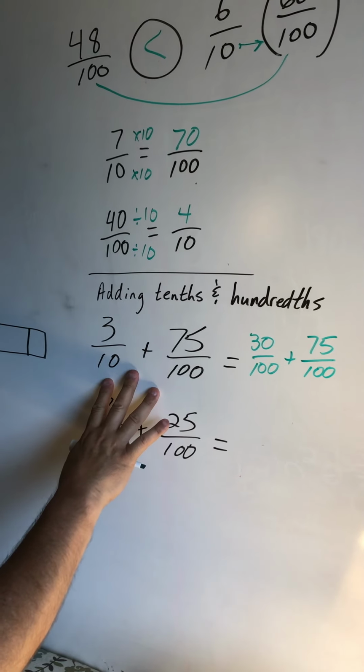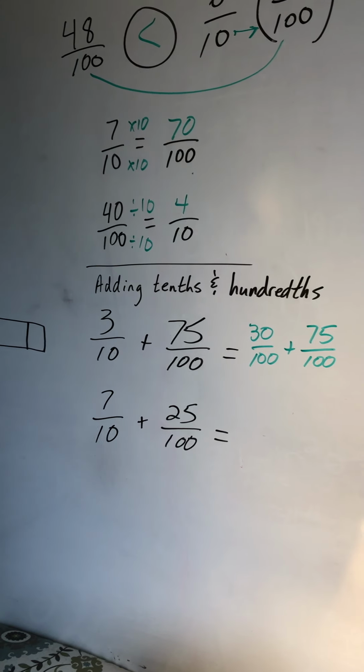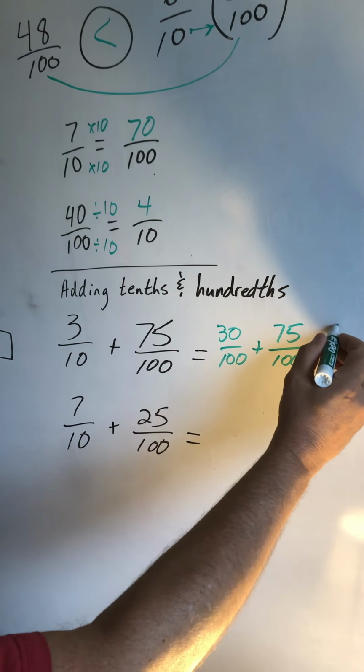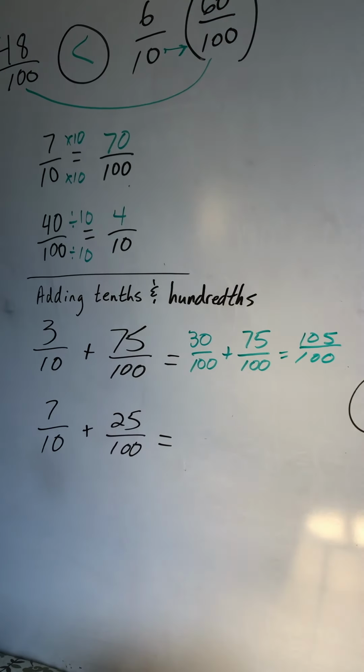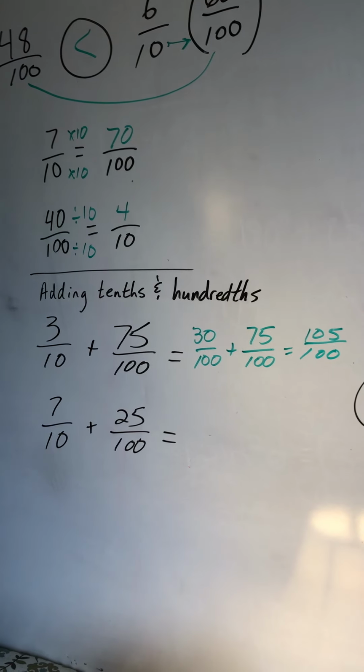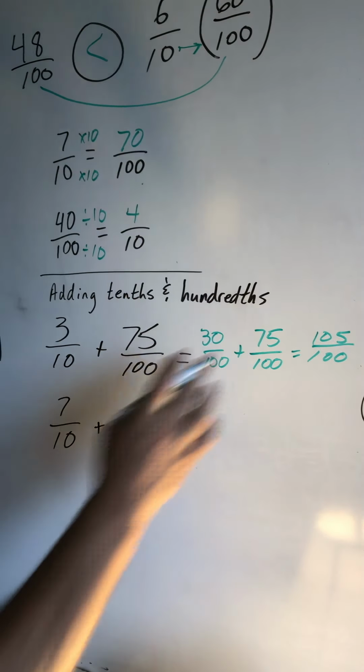So this left side is equal to the right. Yes, it is. It is equal. And when you add these up, you get 105 over 100. Okay? So you added 30 hundredths plus 75 hundredths.